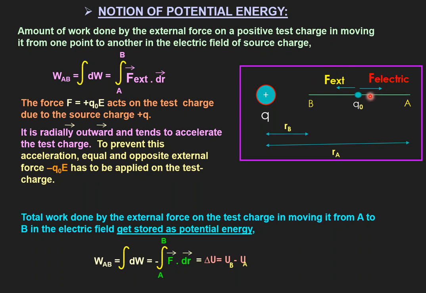Overall there should not be any net force; we just have to move it without accelerating it. So the work done by this external force simply appears as potential energy. Since we have taken two points, A and B, this is the potential energy at the final point minus the potential energy at the initial point.